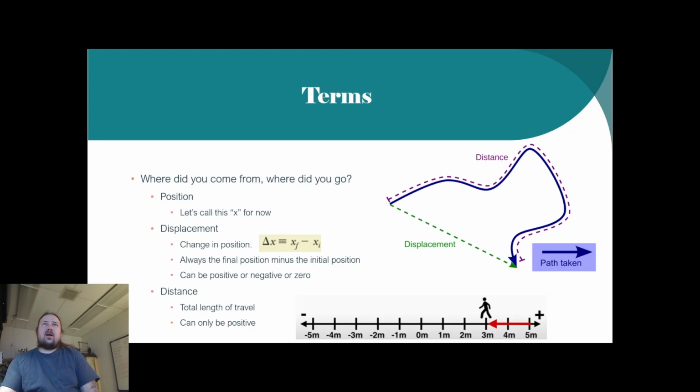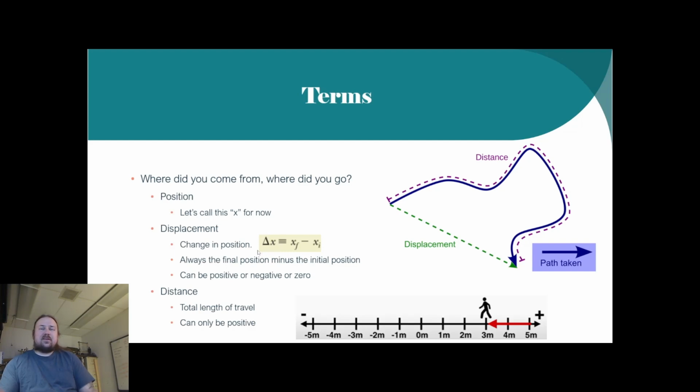Now, a couple of things can happen with your position because we can change it. Okay? If you decide to take a step to your left or a step to your right, you have changed your position. And there's a couple of different terms that we use to describe that. One is known as a displacement. So the displacement would be the overall change in your position. And when I say overall change, that's what this triangular symbol here is known as a delta.